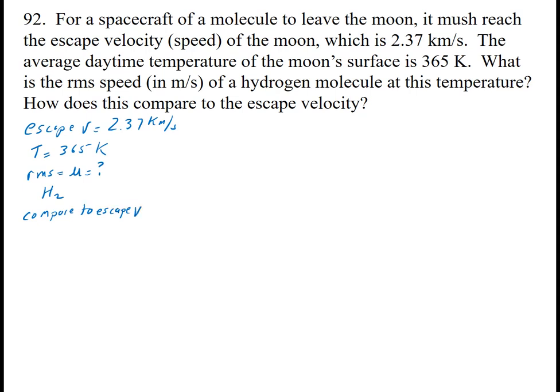The formula for RMS is mu equals the square root of 3RT over molar mass. R is that 8.31. It's still a constant, it's just a different value. I have my T at 365, and the molar mass of hydrogen is 2.02 grams per mole.